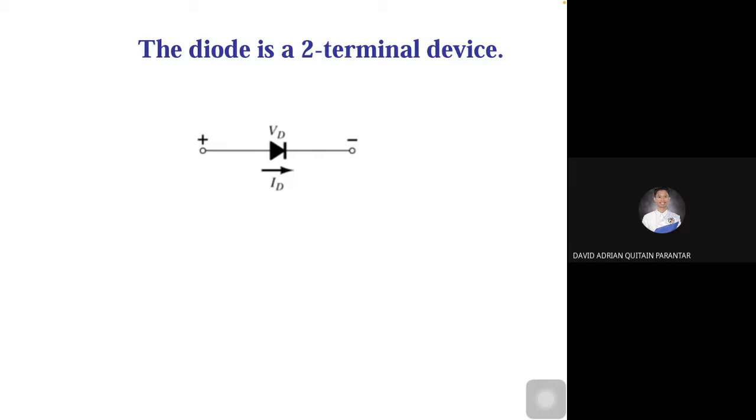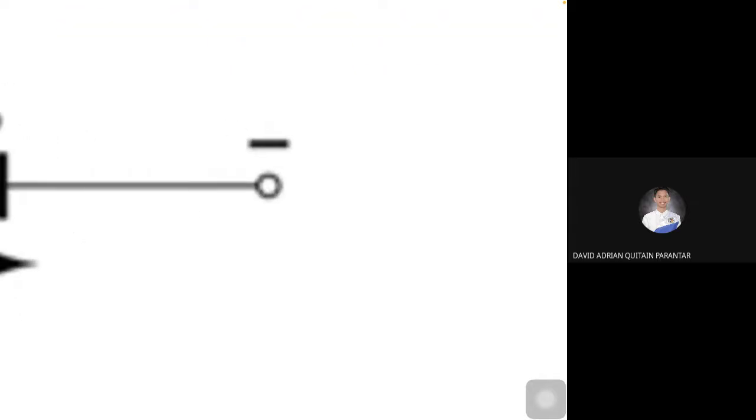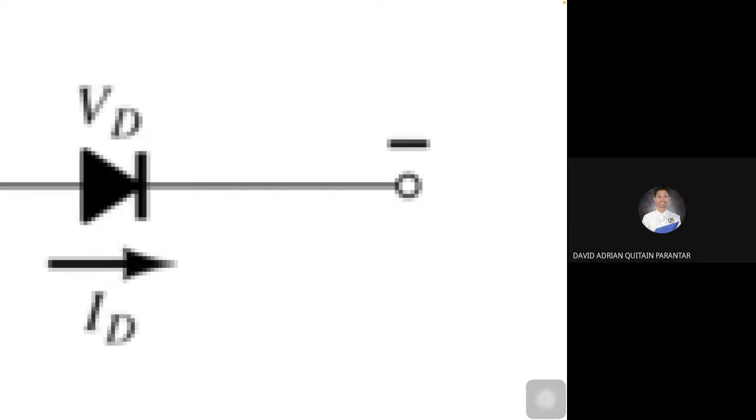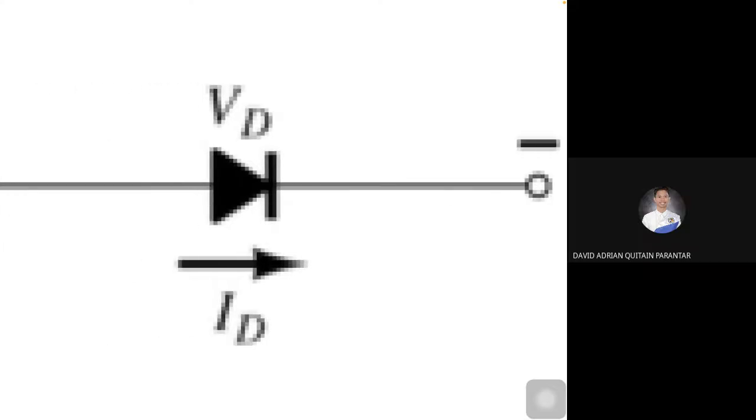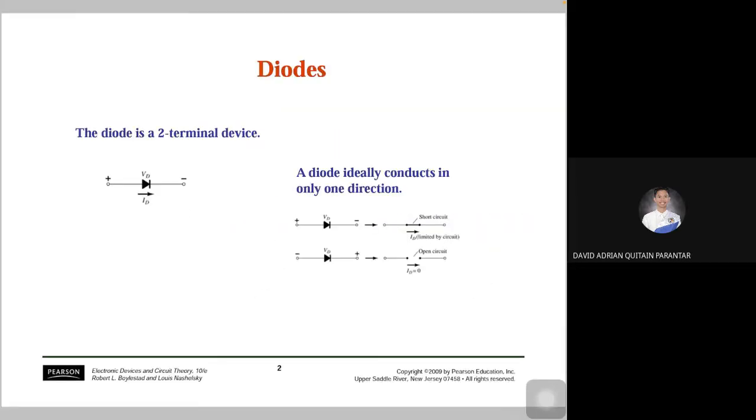To avoid confusion, the negative terminal is where the line part of the arrow is. Where the vertical line is, that is the negative terminal. The current flows from positive to negative.